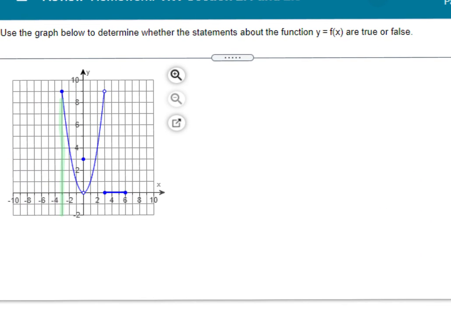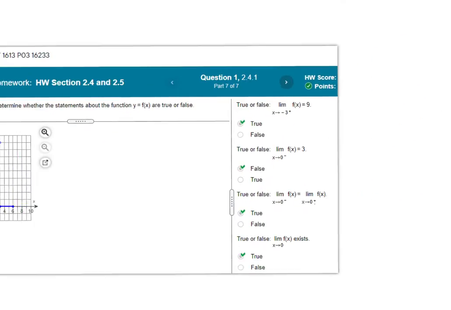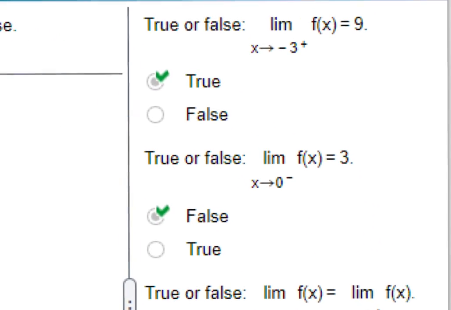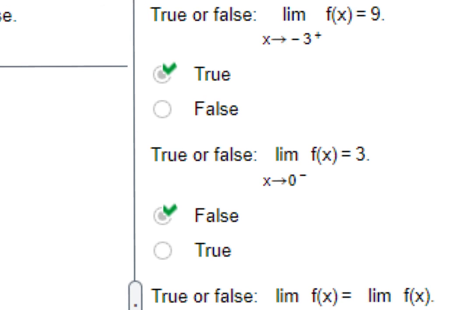The next part it asks about is when we are approaching 0. So I'm going to erase this line, and I'm going to draw me a visual at the x value of 0. And so it's saying 0 from the left was 3, and that was false.